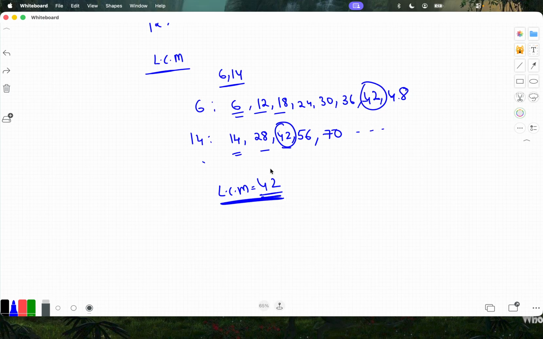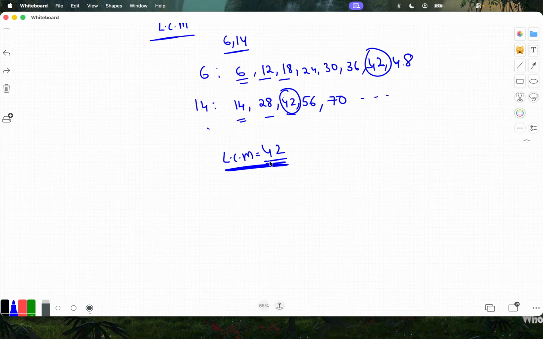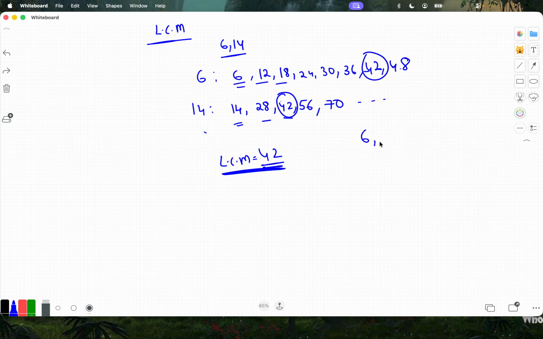We can do another method also for this LCM. If you write 6 and 14, we can say 2 threes are 6 and 2 sevens are 14. Since 3 and 7 do not have any common factors, now we multiply all these three numbers. So 2 into 3 into 7: 2 threes are 6, 6 sevens are 42.